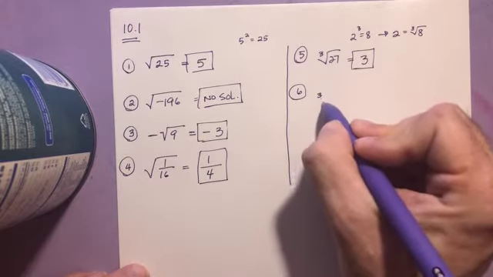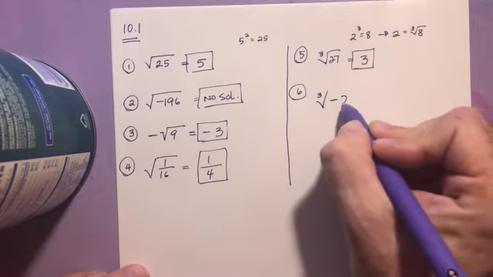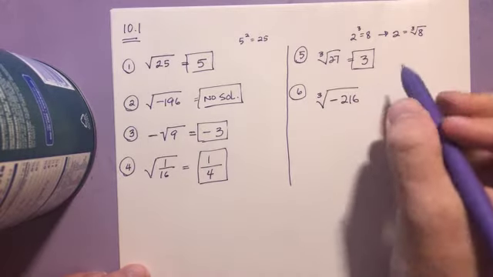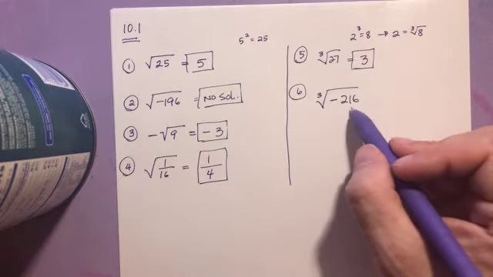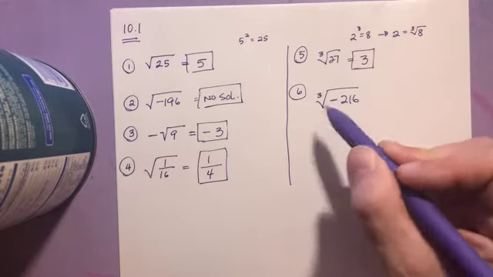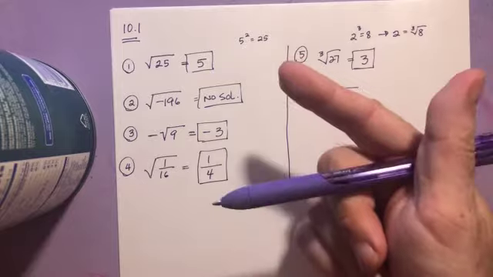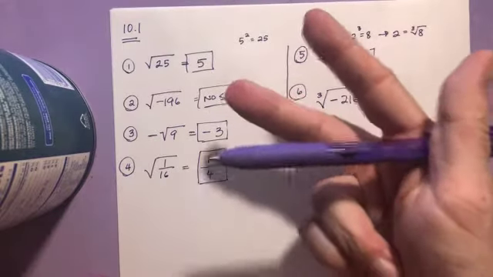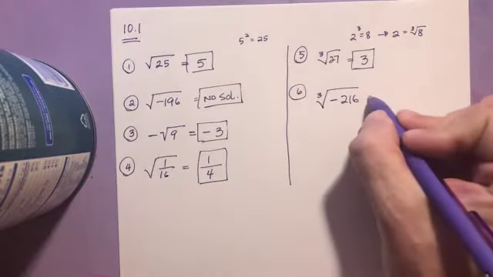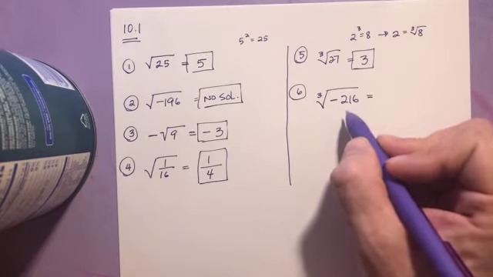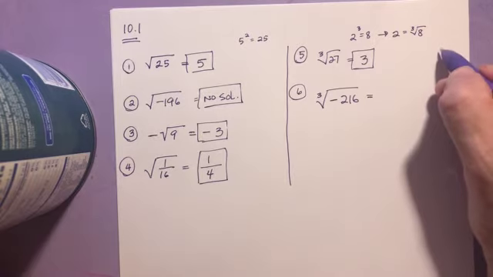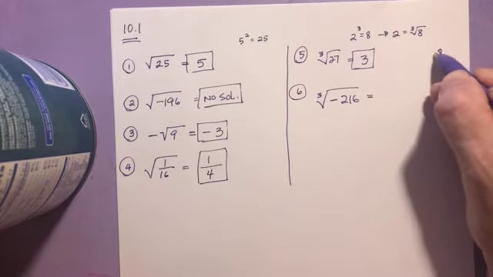All right, and then we come to the next question, which is, can we take the cube root of a negative number? We sure can. So we're asking ourselves, what times itself 3 times gives me a negative 216? Well, a negative times a negative is a positive, but then times a negative would be a negative again. So all we have to do is figure out what times itself 3 times gives me 216. And it might help to just go off to the side and go, okay, 2 times 2 times 2 is 8.